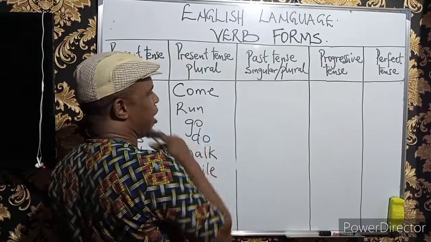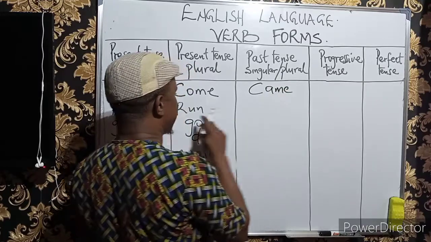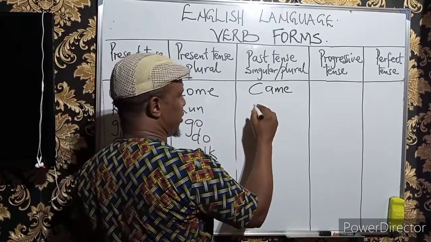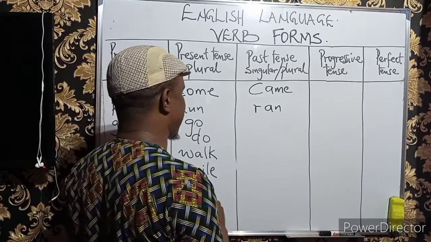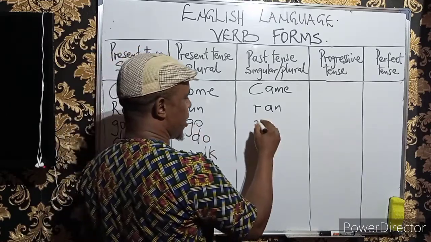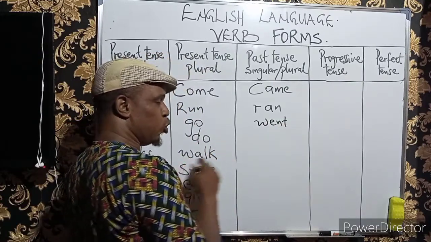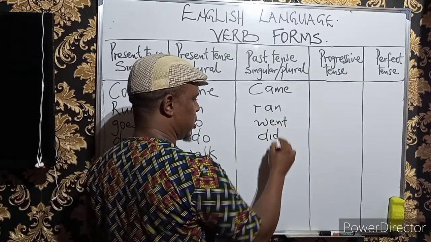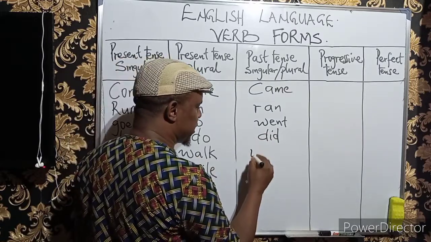Now, for the come, we should have came. And run here should be ran. The past tense form of run is ran. Then we have go as went. And do should be did. And walk should be walked.